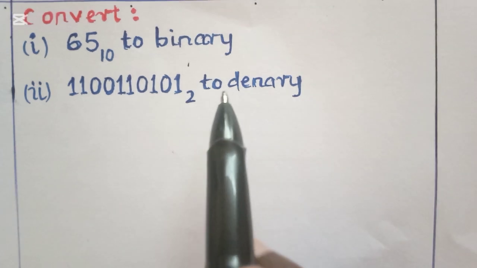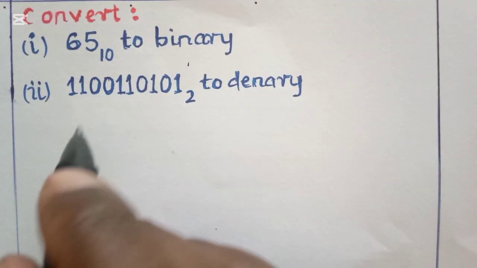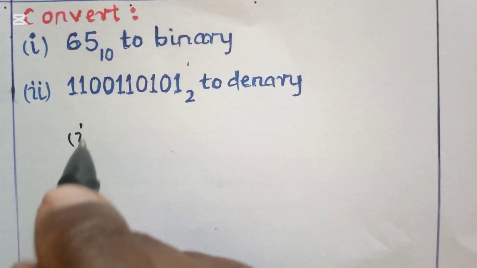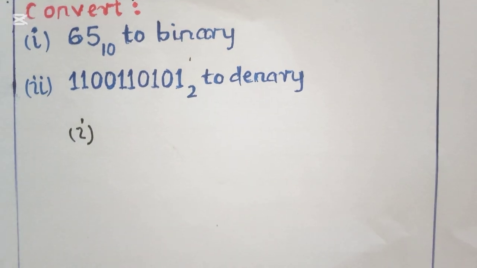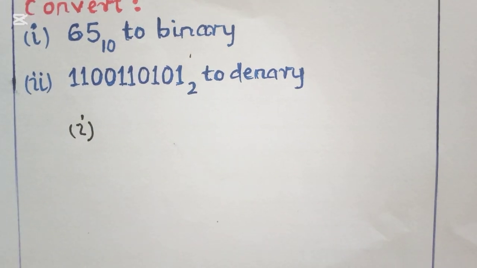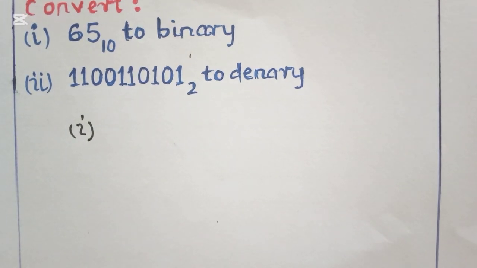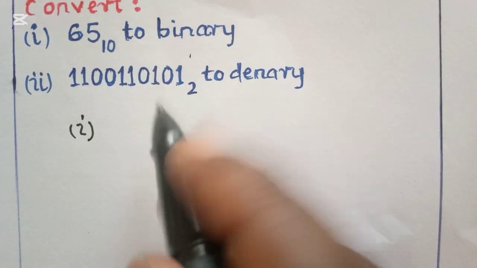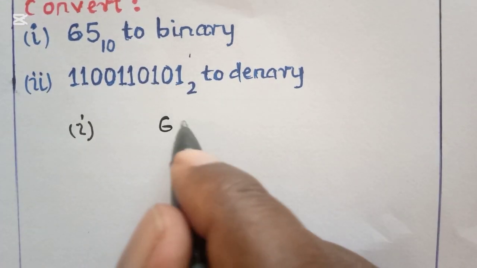And so guys, we are converting first of all Roman 1. We convert this number to binary. So what we do is we write the number, that is 65.